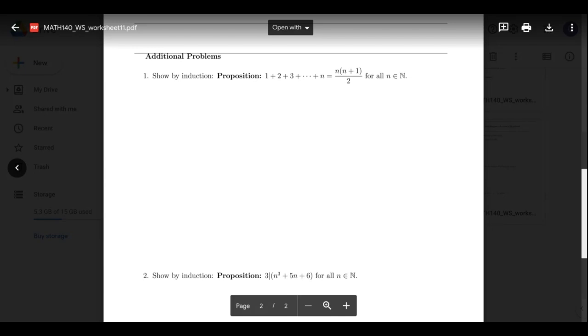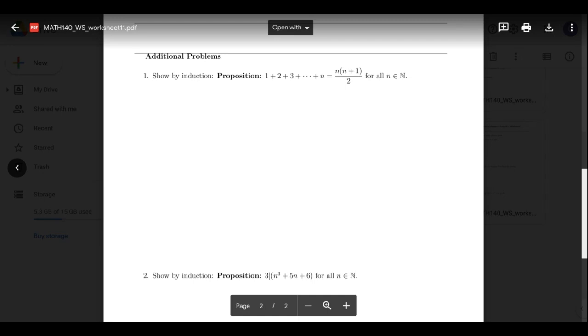P of 1 is true, right? Assume P of n. As P of n is not a statement, right? It's 2 raised to 0 plus 2 raised to 1 plus 2 raised to n minus 1 equals to, all right, let me write P of n for you.